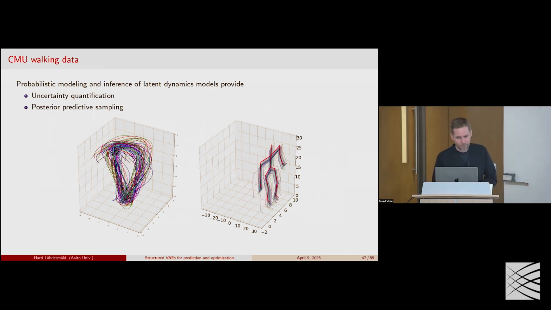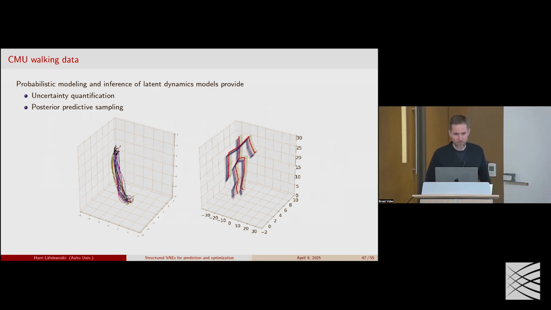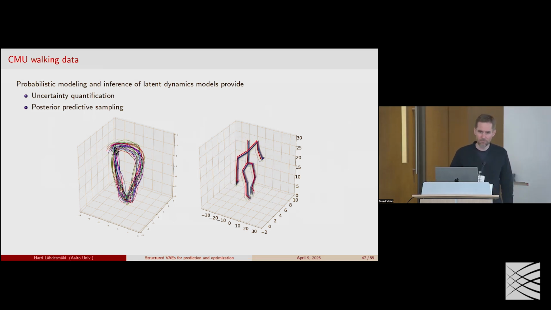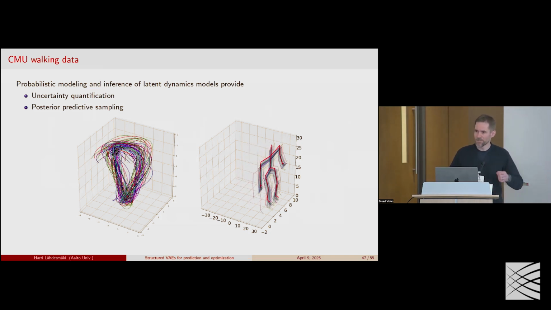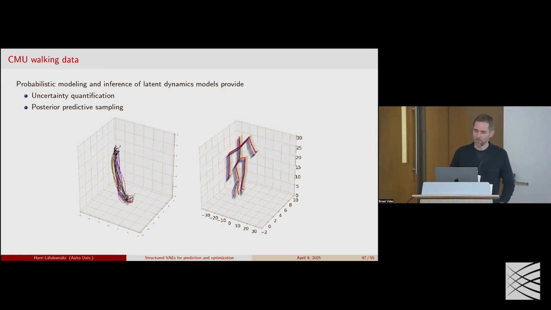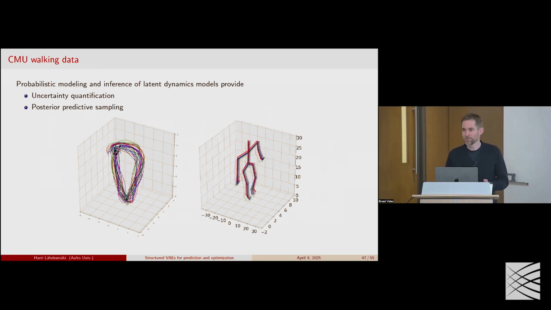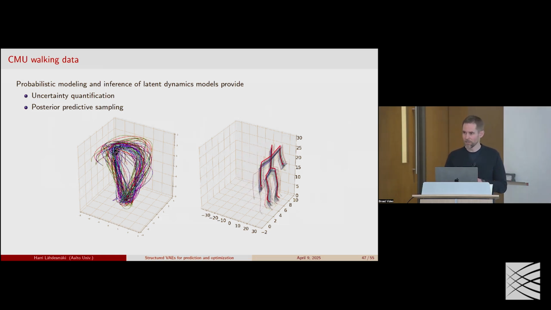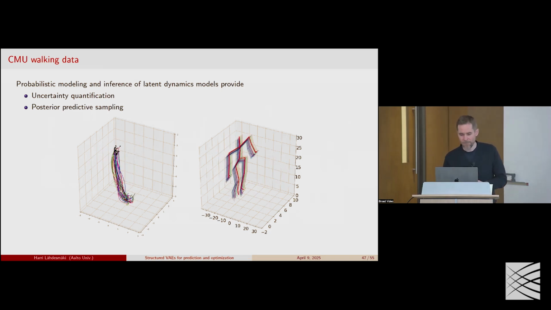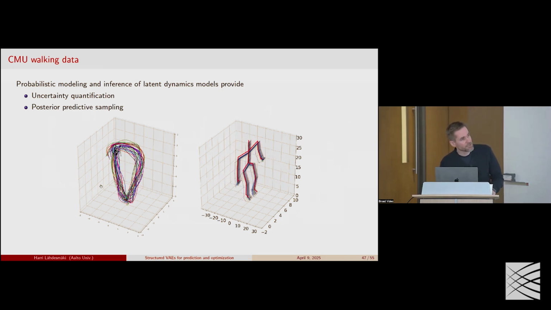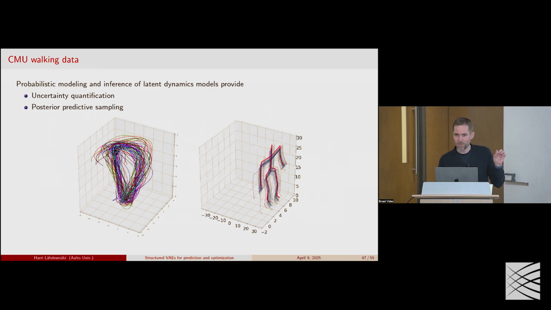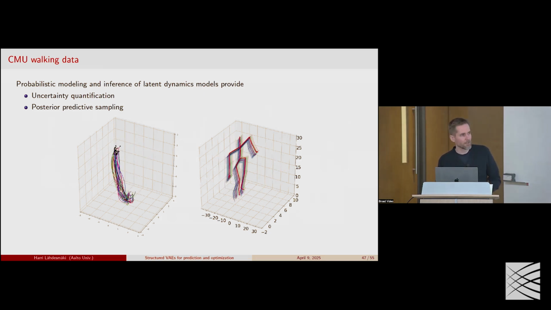So this is now the mocap data from Carnegie Mellon University, where a person is wearing about 100 sensors at the joints, and it measures the 3D position of the sensors, and the goal is then to model the dynamics. And obviously that's difficult to do using parametric models, but it can be easily done in latent space dynamics models. In this case, the visualization is done by using a 3D latent space, where we implement the latent neural ODE system that I proposed.